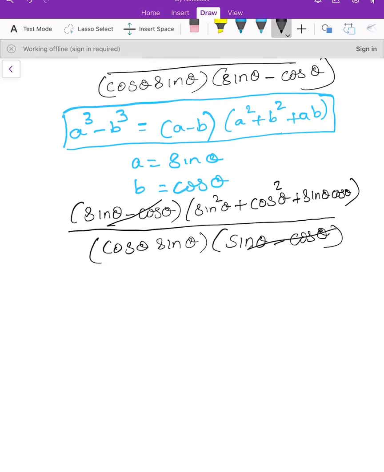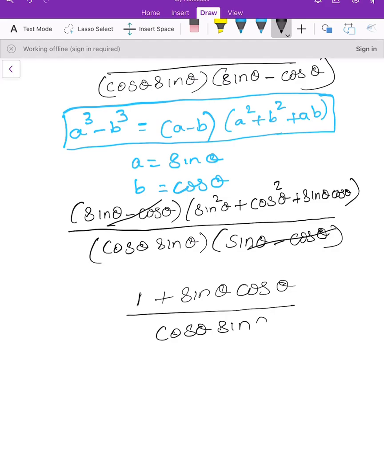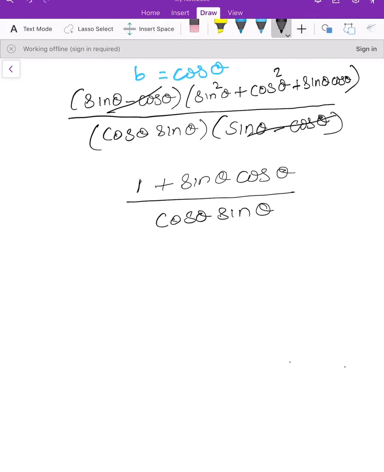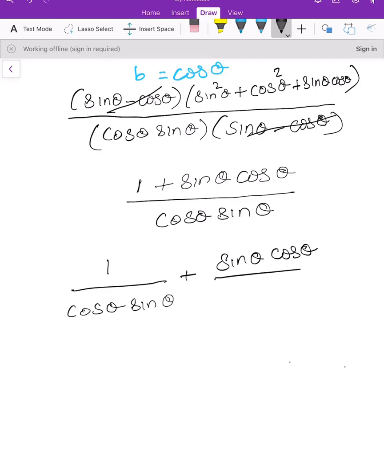My sin square theta plus cos square theta is 1. So 1 plus sin theta cos theta by cos theta sin theta. This I can write further as 1 by cos theta sin theta plus sin theta cos theta by cos theta sin theta.